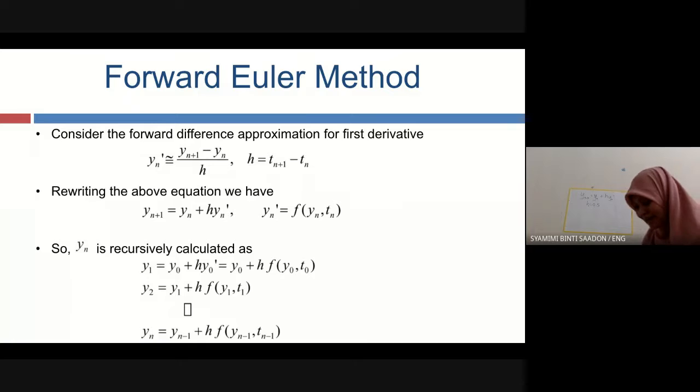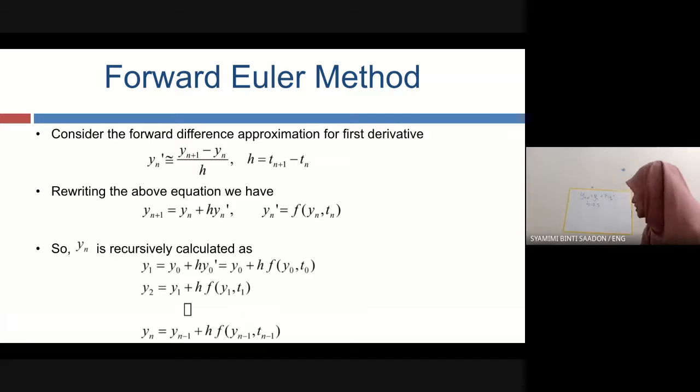This means how many time steps do we need to calculate until we reach the final value? Because we have t from 0 until 2 seconds and the time step is 0.5, we have to calculate t0, y0, t1 is 0.5, y1, t2 is 1 second, y2, t3, y3, t3 is 1.5 seconds, and t4 is 2 seconds.